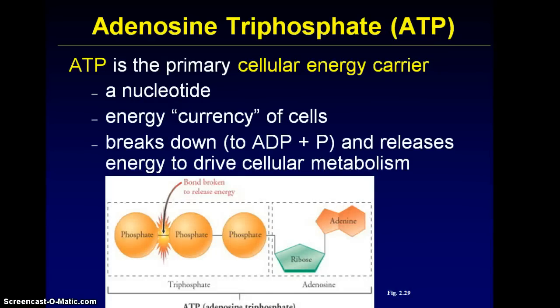I'm going to move into another monomer, which is a nucleotide known as ATP. We looked at that last week. It is the energy molecule in the body. We saw during cellular respiration how it is produced.